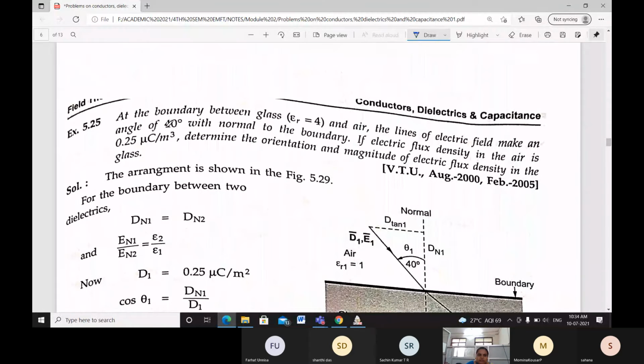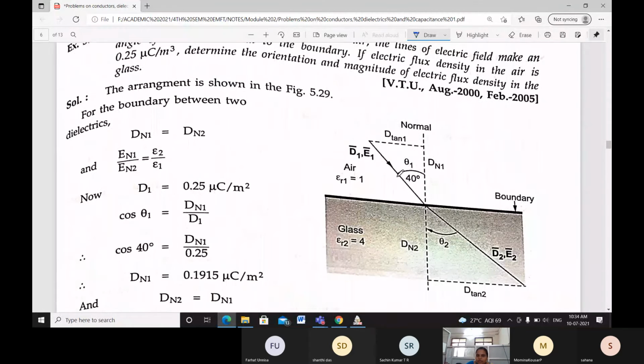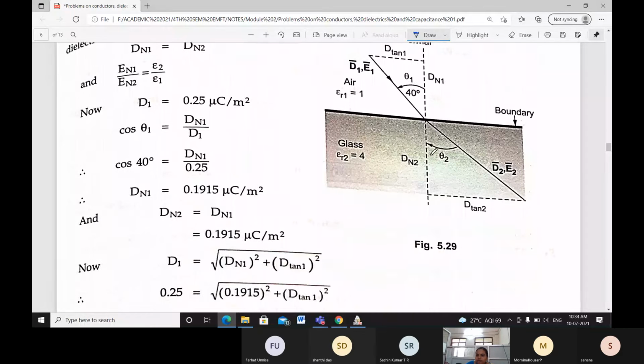It is 40 degrees, this is theta 1. We don't know what theta 2 is, how much the inclination will be after the boundary, we don't know that. For the first medium it is D1, E1, for the second medium it is D2, E2, and here it is d tan 2. This is the figure.